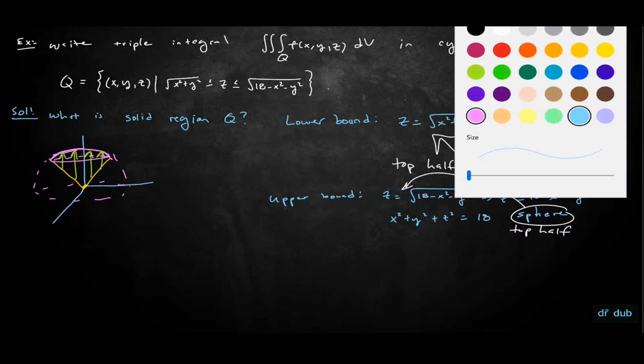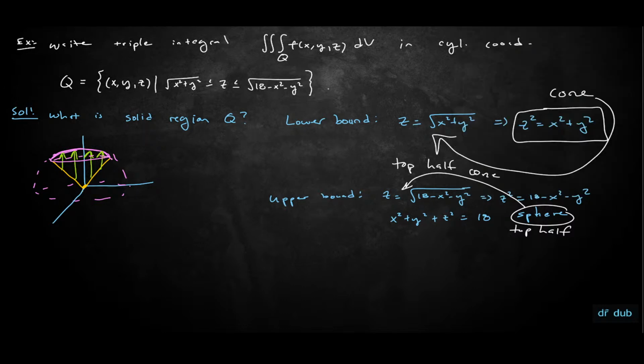All right, if we switch these to polar coordinates, or cylindrical coordinates, the lower bound is z equals square root of x squared plus y squared, which is square root of r squared, which is r. So it's just a cone, z equals r. That's the lower bound for z.